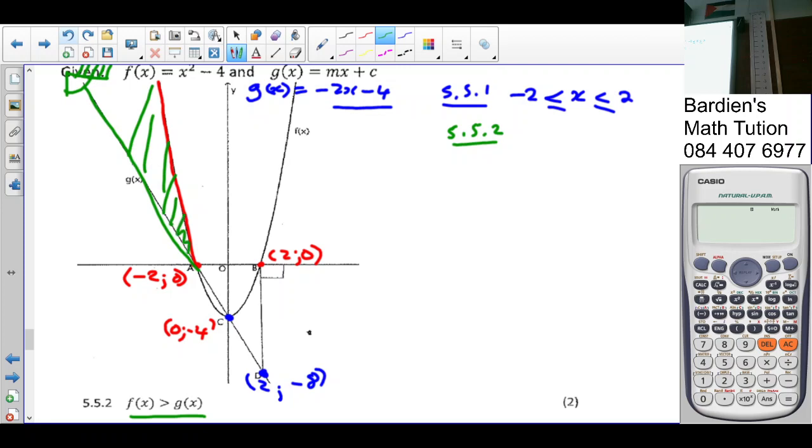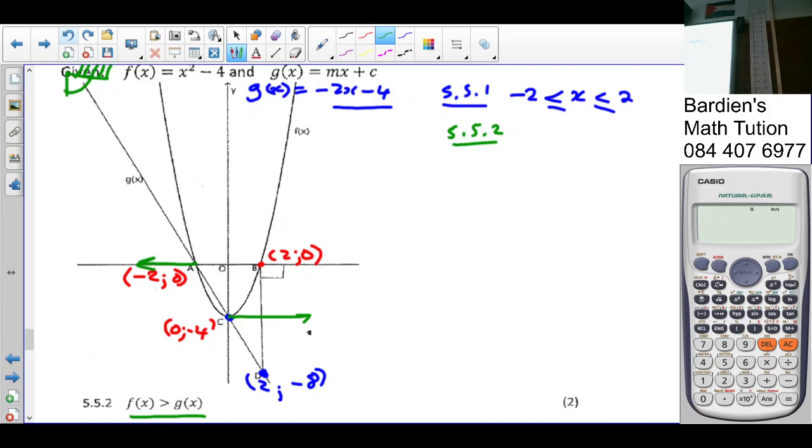What do you notice here? G is on top of f. So that's not what I'm interested in. Is f on top of g on this side? Yes. So that is also what I'm interested in. You guys understand? Is that a continuous or a broken solution? A broken solution. So x must go in that direction, and in that direction. The solution is going to be in two parts.